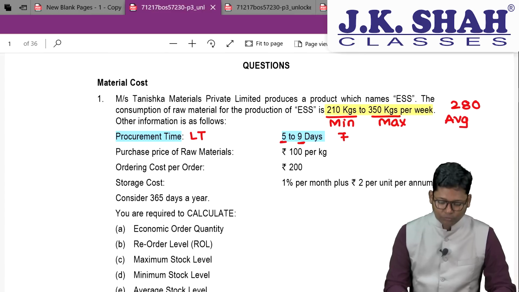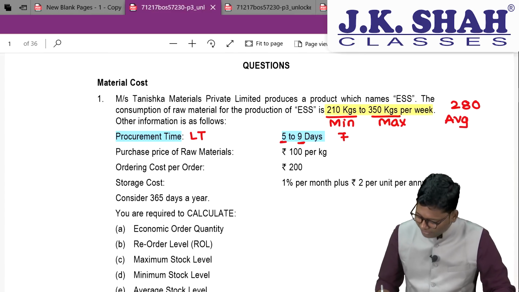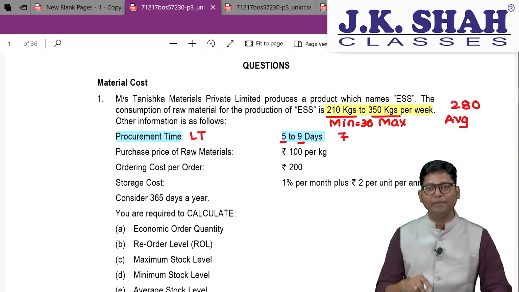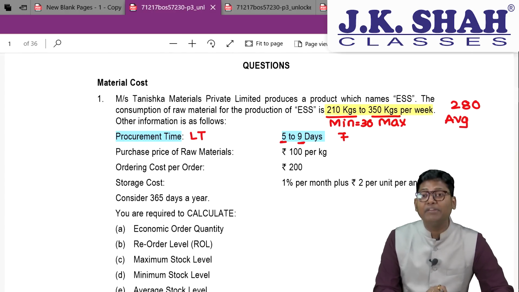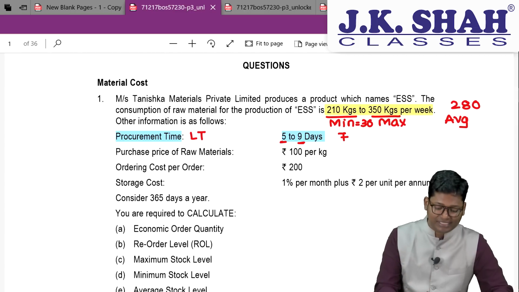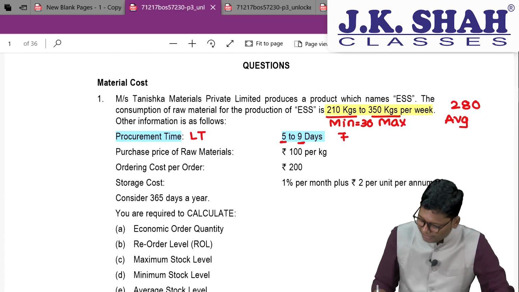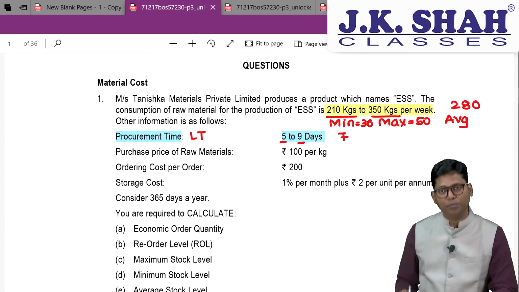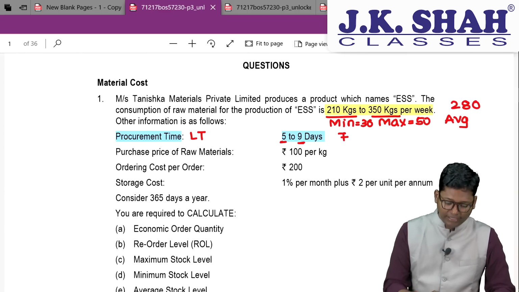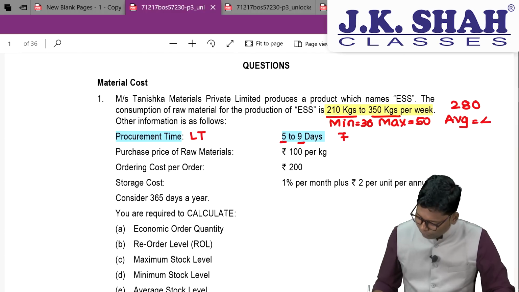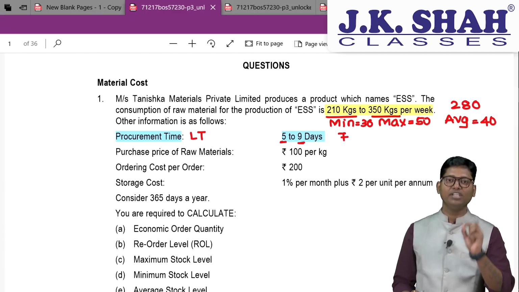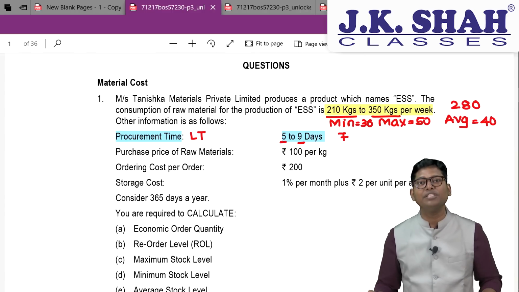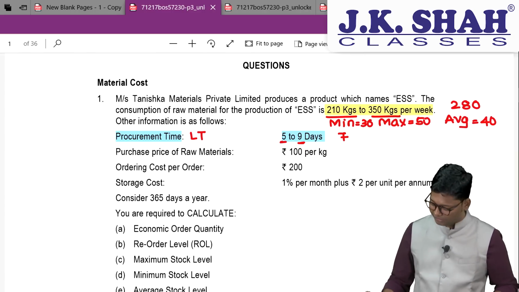So simply 210 divided by 7, your minimum consumption will become 30 kgs per day. Maximum consumption per week is 350. This is the consumption for 7 days. When you divide it by 7 days, you are going to get your maximum consumption of 50 kgs per day, and 280 divided by 7 will give you 40 kgs per day. So I have just converted my weekly consumption on daily basis because lead time is provided on days basis.